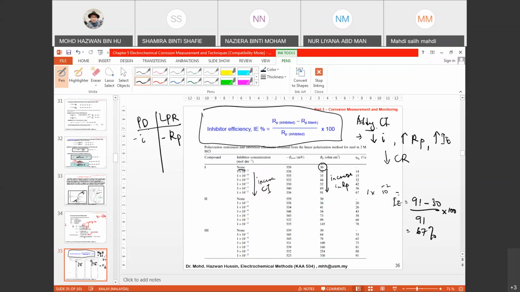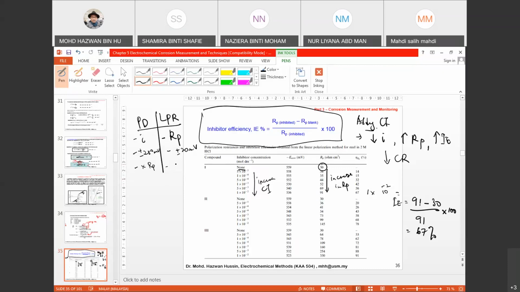The other difference: for PD, the potential range is plus minus 250 millivolts. Meanwhile, for linear polarization, it will be just plus minus 20 millivolts. What will be the other difference? You cannot get RP directly in PD, maybe you have to calculate.